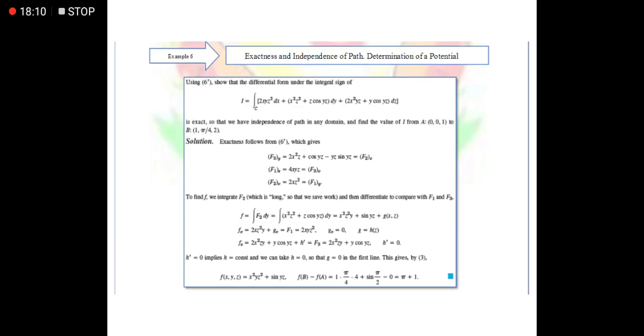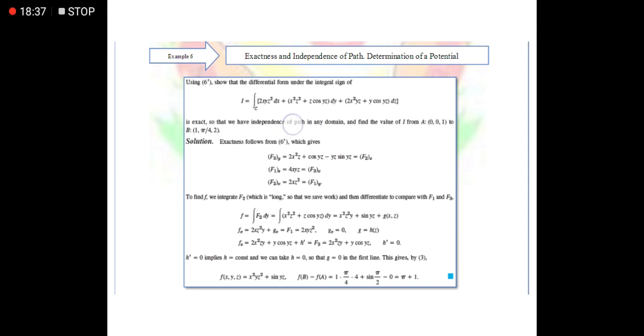2xyz squared, x squared z squared plus z cosine of yz, and 2x squared yz plus y cosine of yz.